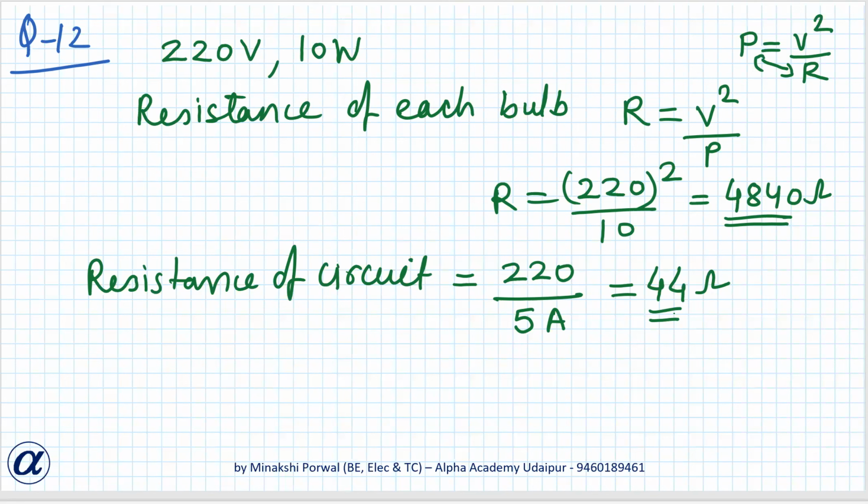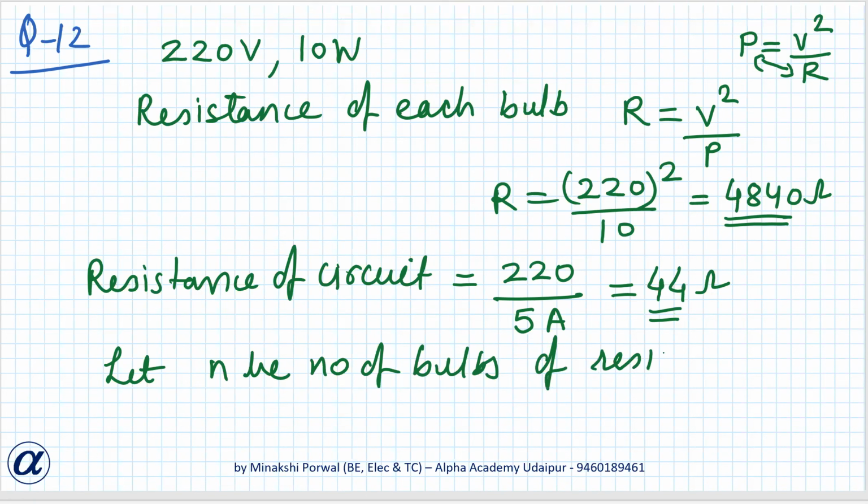They should be connected in parallel. So let n be the number of bulbs of resistance 4840 ohm needed to obtain 44 ohm resistance.